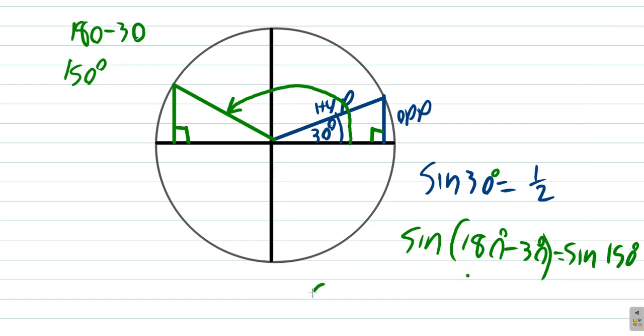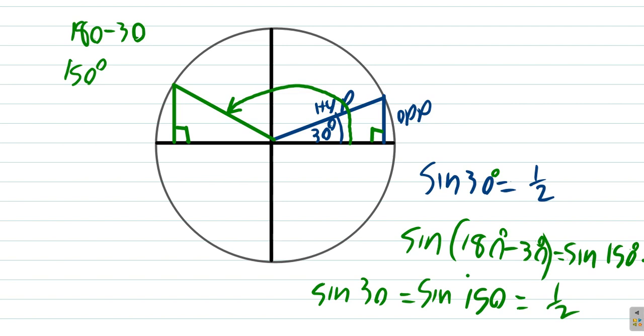So sine 30 equals sine 150 equals half. Both of them are equal to a half. You see that? So far, we found two angles such that when we find the sine of those angles, we get the same value. All right?